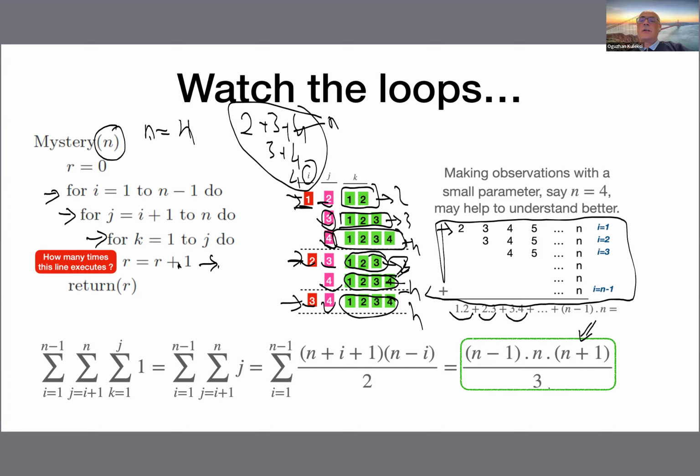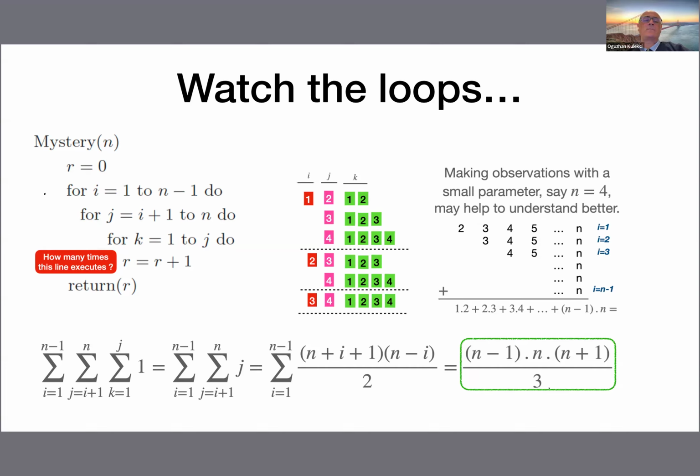To show you another way of approaching this, instead of trying to understand what's going on and come up with such a representation, you can go purely theoretical. i will take values from 1 to n minus 1, j will take values from i plus 1 to n, and k will take values from 1 to j.